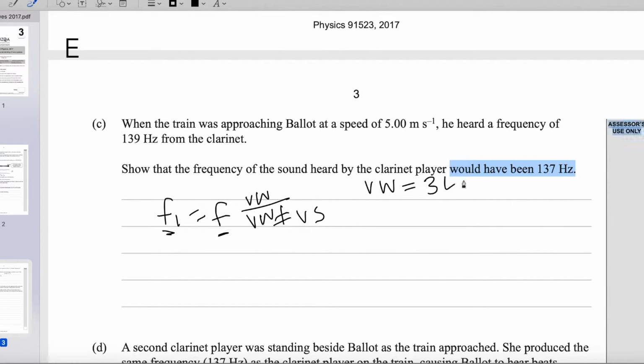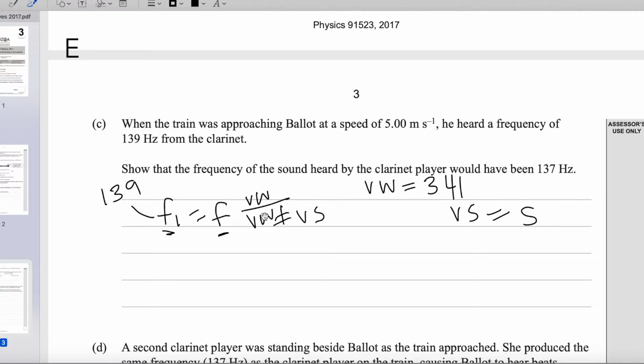And Vs is the speed of the source, which is 5. So we've got some info. And it says he heard a frequency of 139. So knowing that he heard it, we know that F1 is going to be 139.